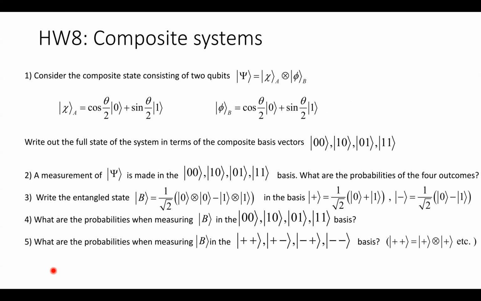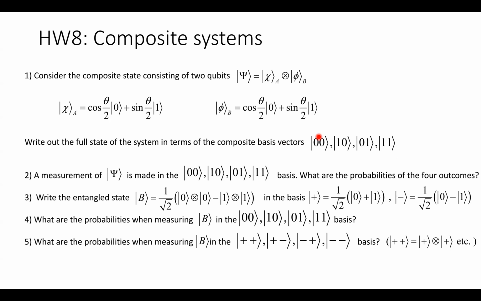Also, this is a composite system version. If you combine these two states like this, then writing out the state in terms of this tensor product, in terms of the 4 states, is similar to the example that we just did. In that second last question where I did it wrong the first time, where I wrote the whole thing out in the 0-1 basis, that would be more like this question.